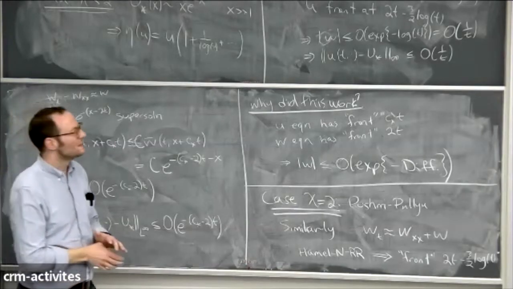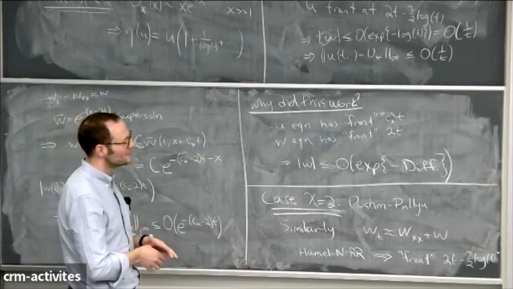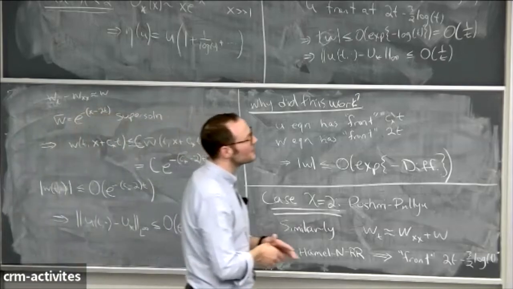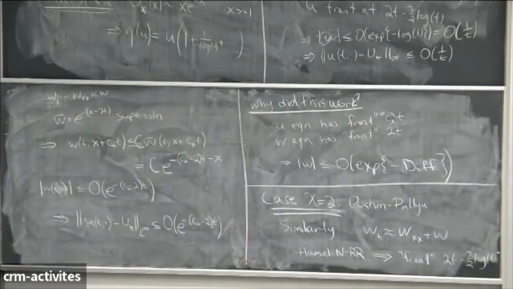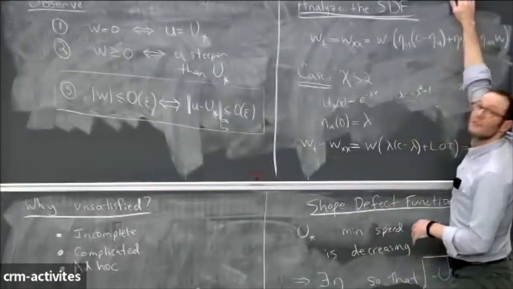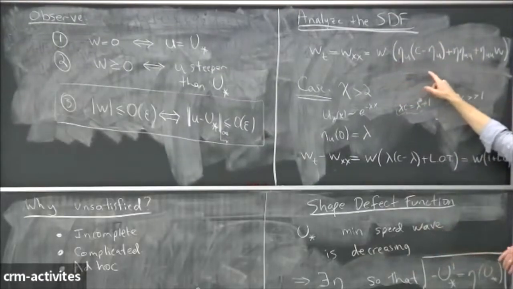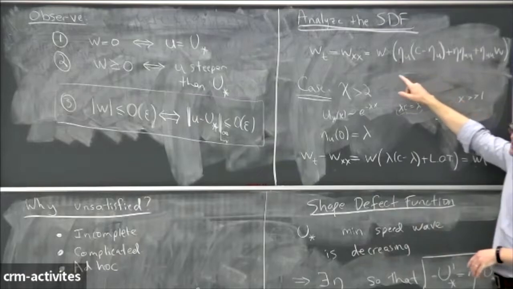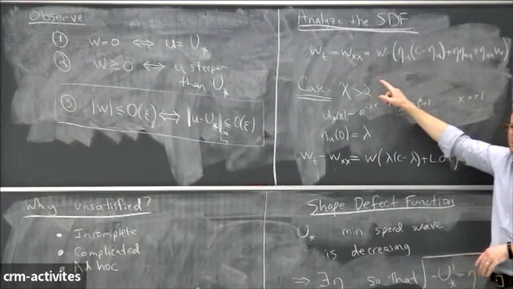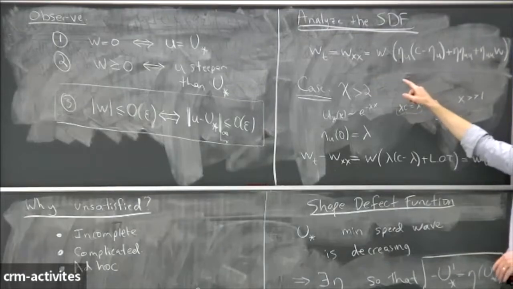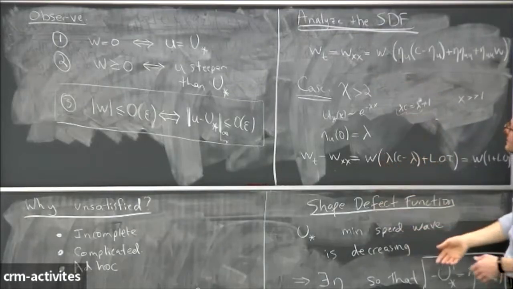Yeah, I think I have trouble answering that because it seems kind of a miracle that W satisfies an equation at all. You do PDE, you have a quantity you care about, you desperately hope that it solves a PDE, so you just start computing.